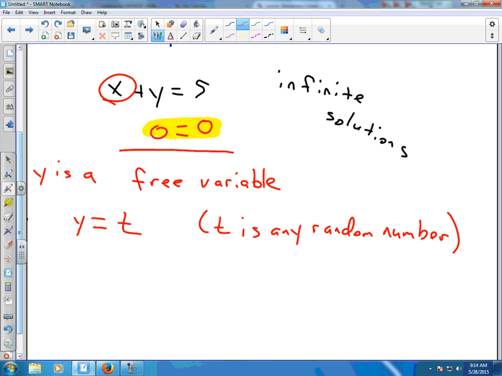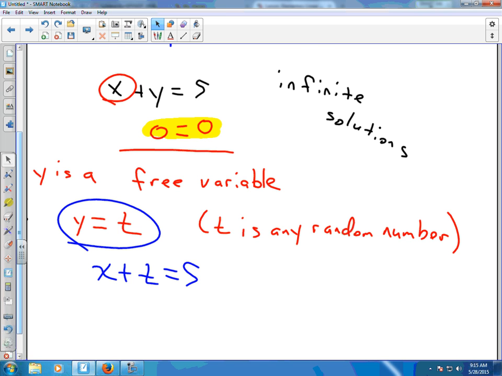In calculus or trig, sometimes we ran across instances where we had an infinite number of solutions and we would use n to represent any random number. So since y is free, y can be any number, and then if we back substitute, x plus that any number equals 5.